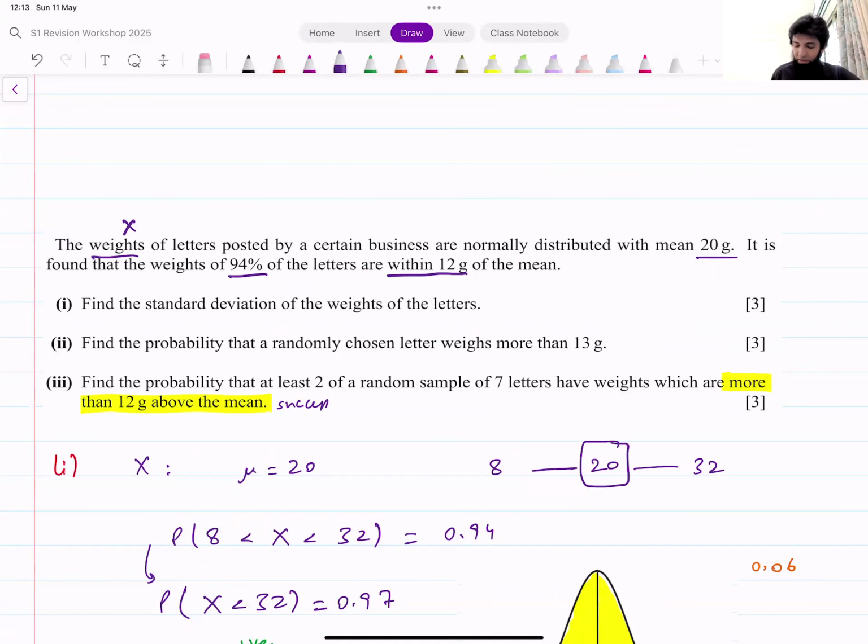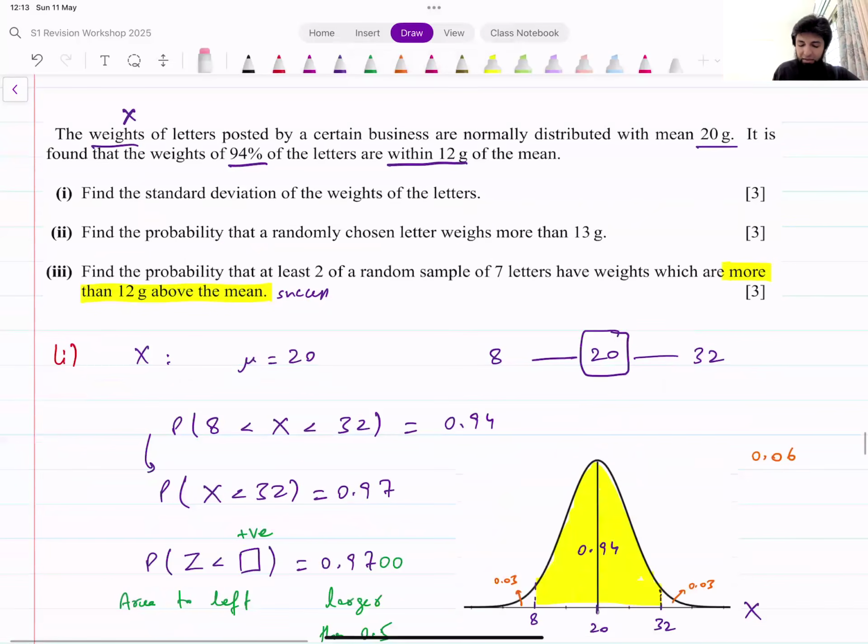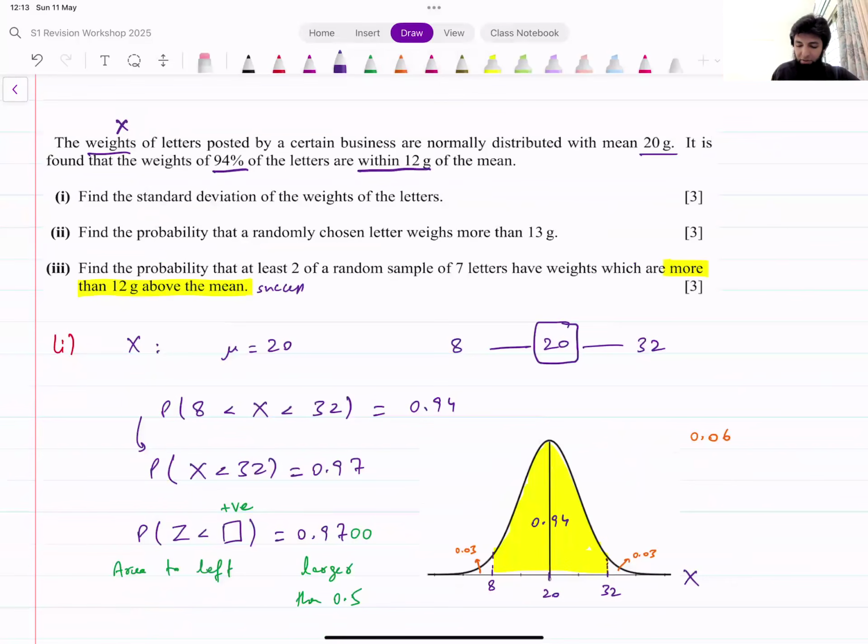Within 12 grams of the mean, you go 12 to the left, 12 to the right. It's between 8 and 32. We are given the probability of x being between 8 and 32. That is equal to 0.94. That's what we're given.